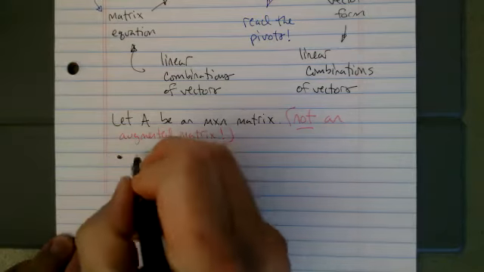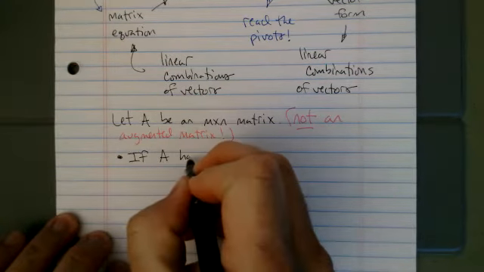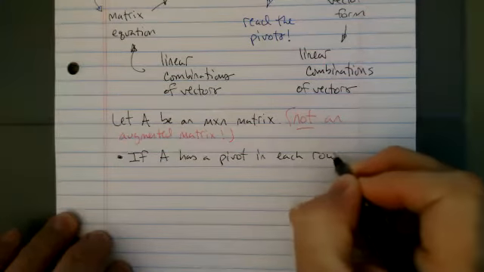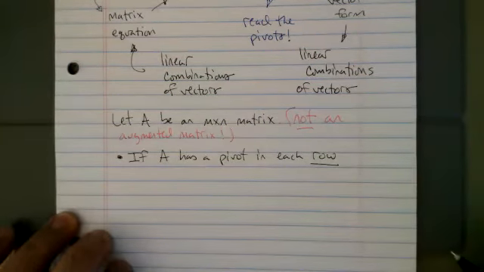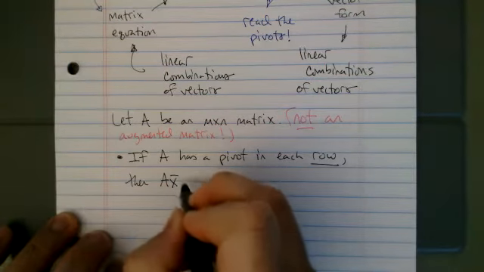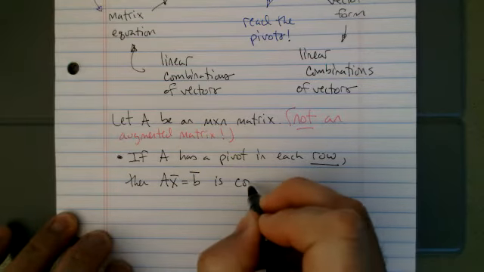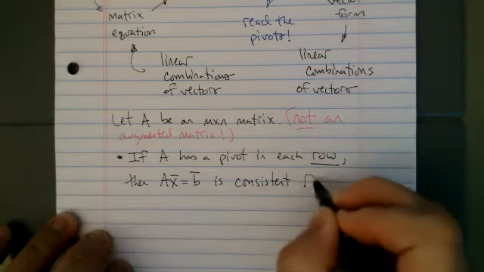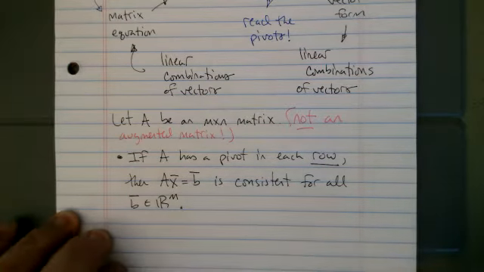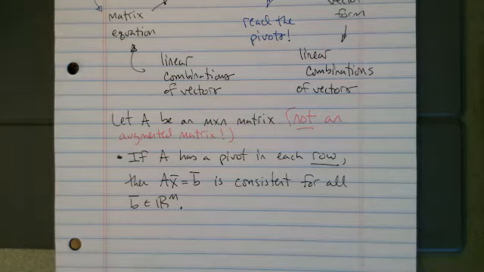So first thing to notice, if A has a pivot in each row, then the equation AX equals B is consistent for all B in Rm. And we talked about why that is.